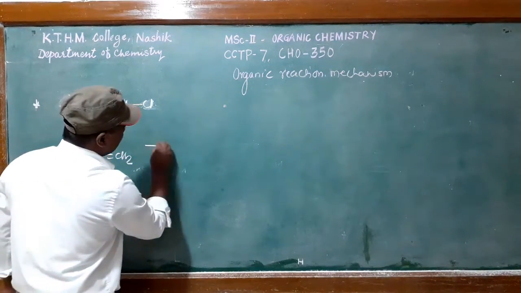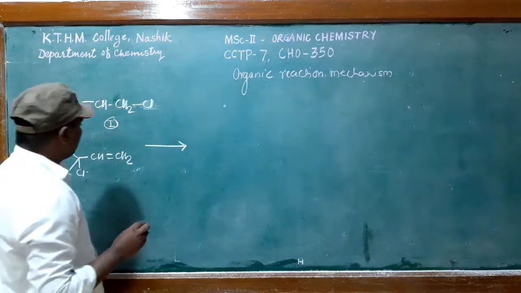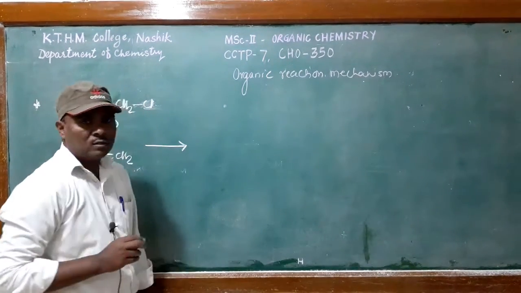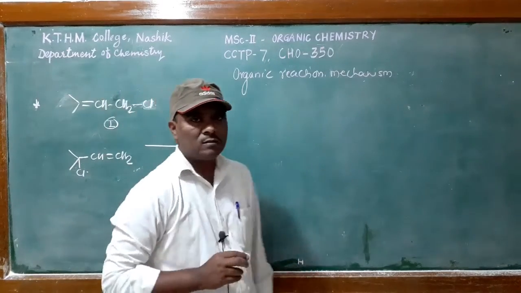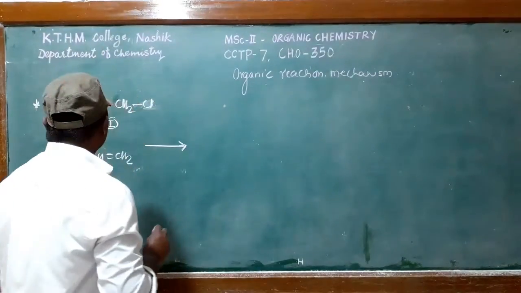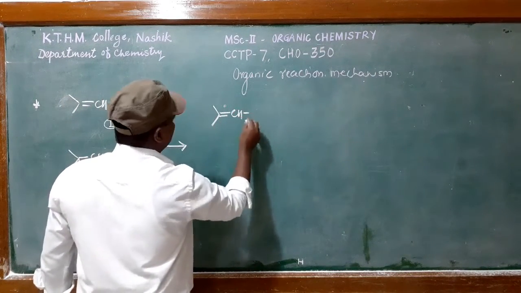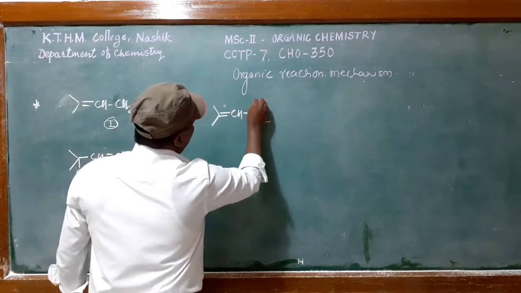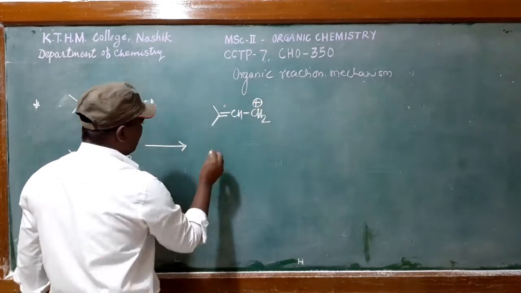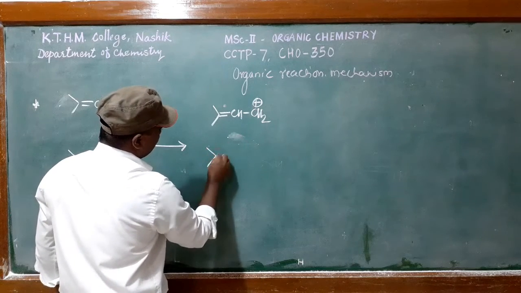On hydrolysis it gives tertiary alcohol as a major product and primary alcohol as a minor product. So first of all it gives an intermediate, this carbocation intermediate first, and in this case it gives this intermediate.